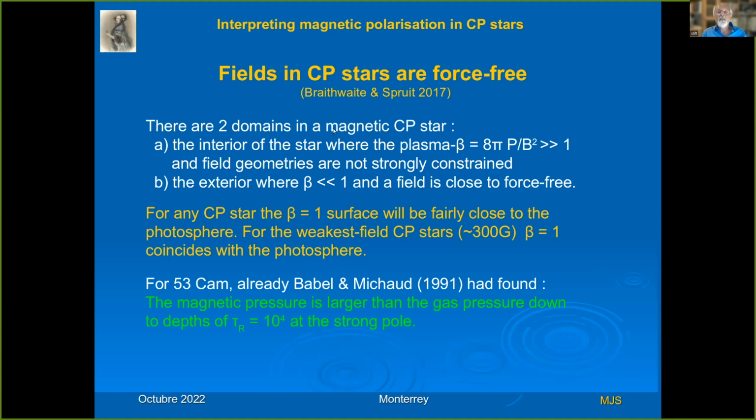Fields in CP stars are force-free. When the plasma beta, this ratio between the gas pressure and the magnetic pressure, is very large, much larger than 1, then it's the gas pressure that dominates completely, and the field geometries can be anything.